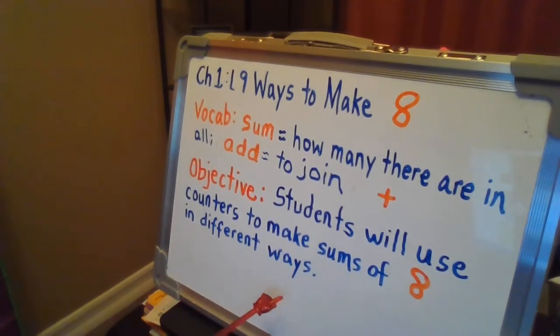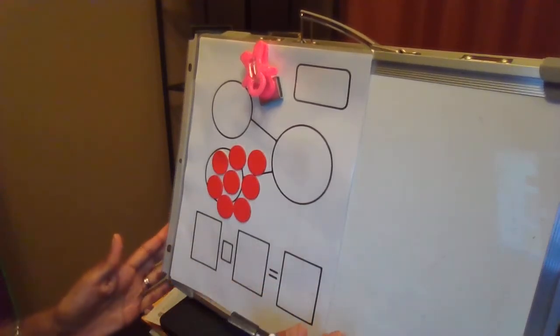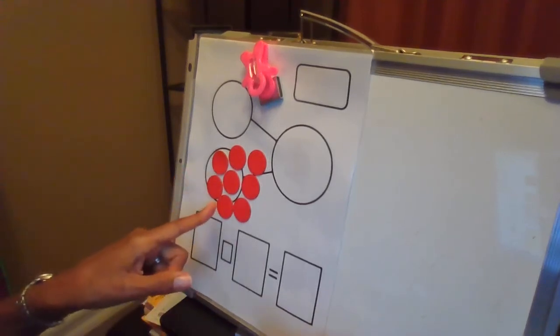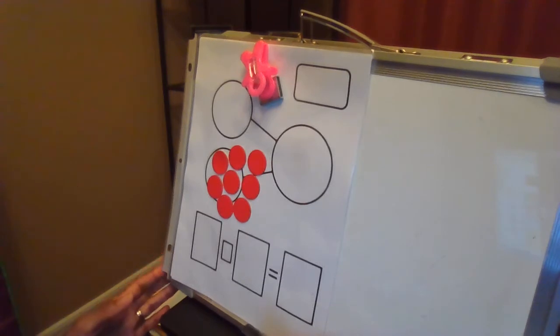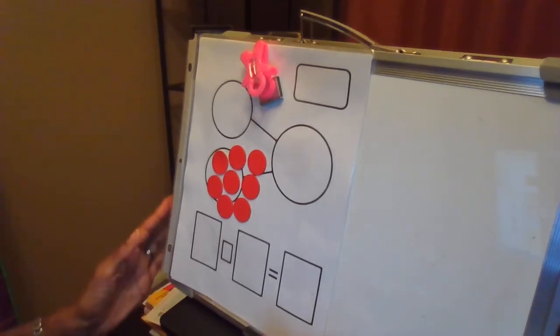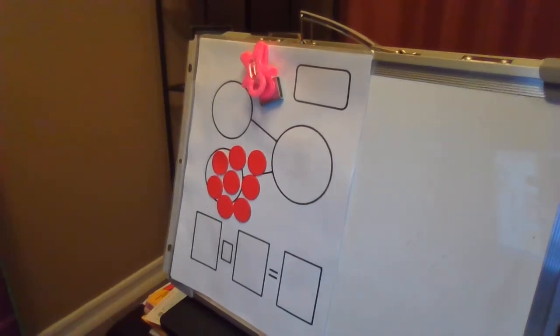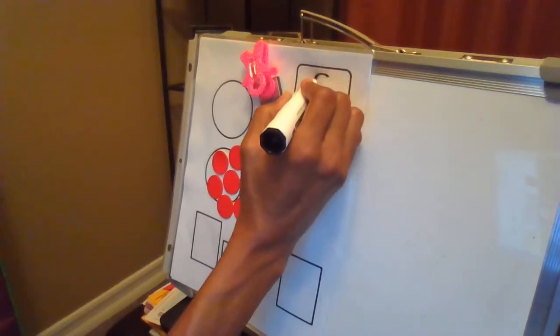Okay, boys and girls, this is the making a number template. And our counters are going to represent children who are swimming. I want to make 8. So in this rectangle up top, I'm going to write the number 8.